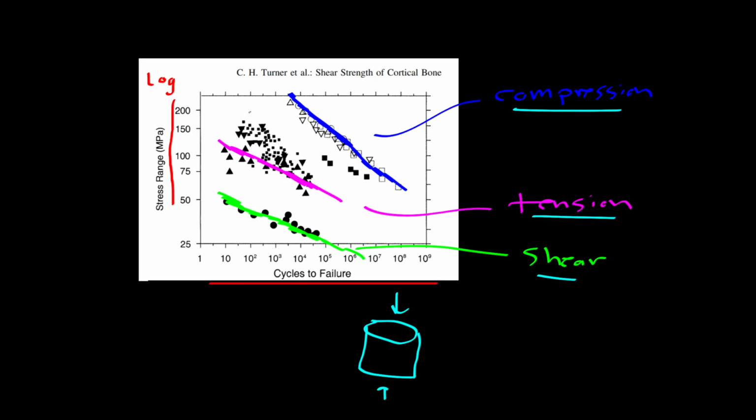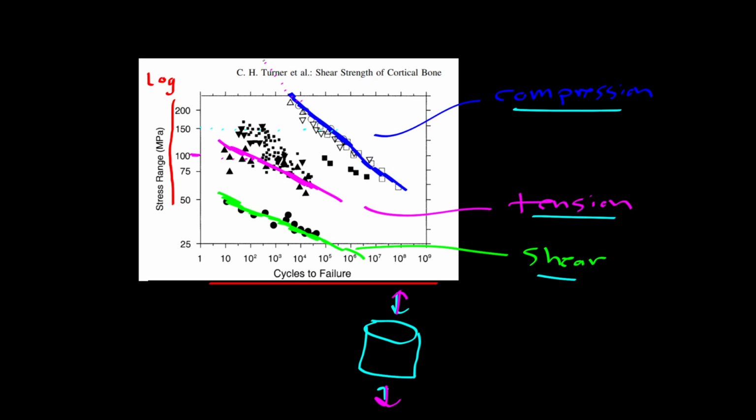Bone is very strong, meaning for a given amount of stress, it can survive many loading cycles until it fails. In tension, that's like trying to pull the bone apart like that. Fewer loading cycles, right? So for this amount of stress, far fewer loading cycles to failure than for compression.